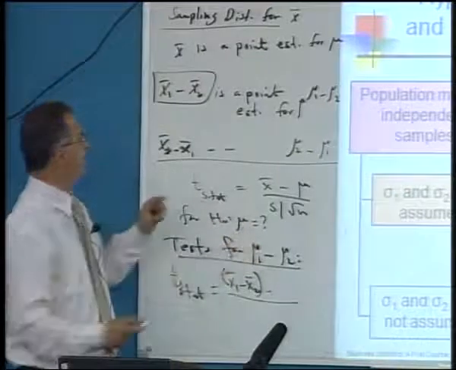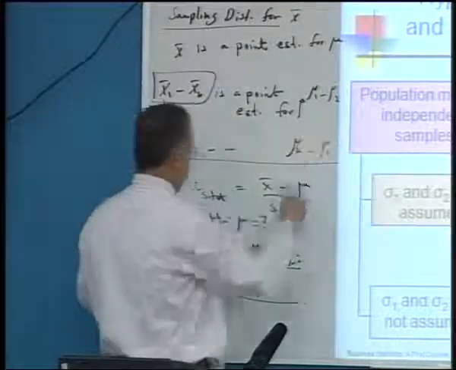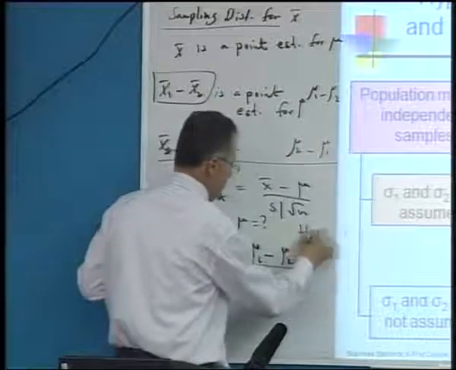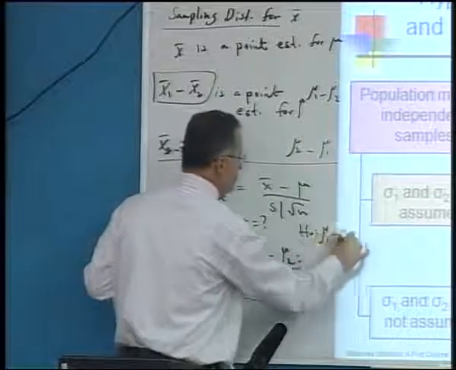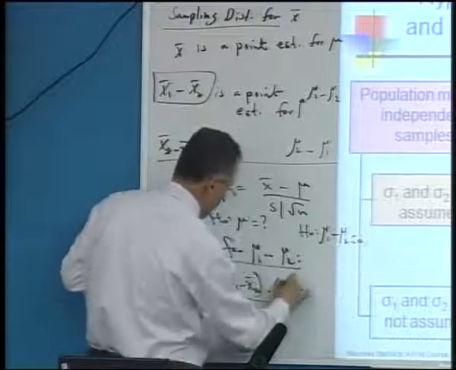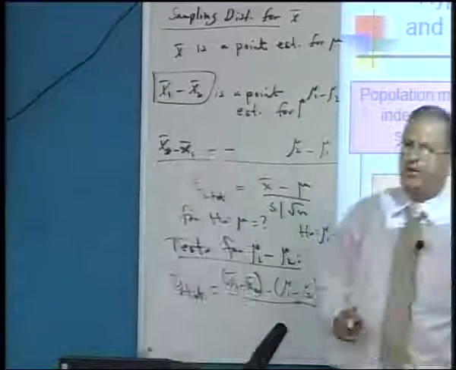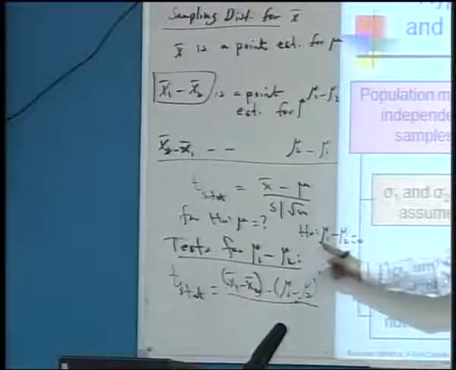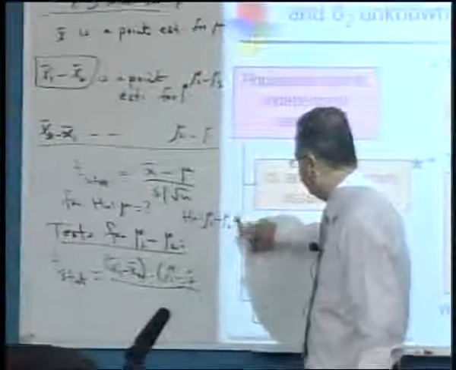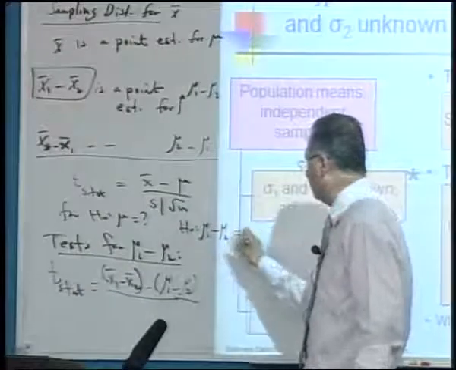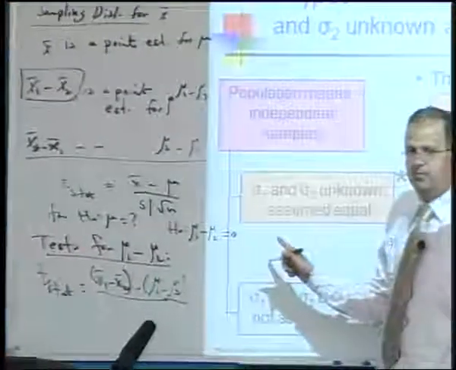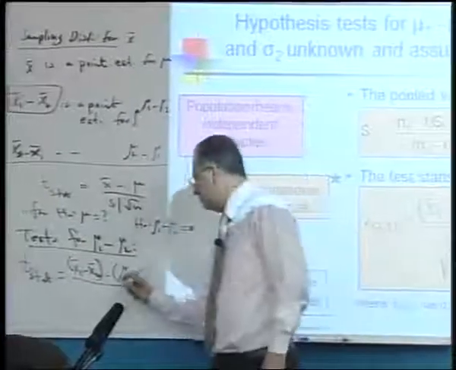But for the new scenario, we have H0: mu1 minus mu2 equals 0. In most cases, we assume there is no difference between these two population means, so mu1 minus mu2 equals 0, and this term cancels.